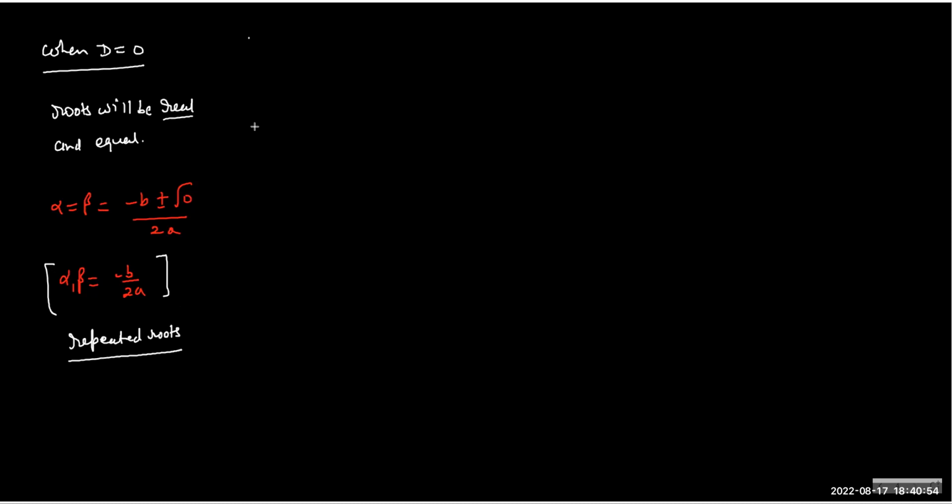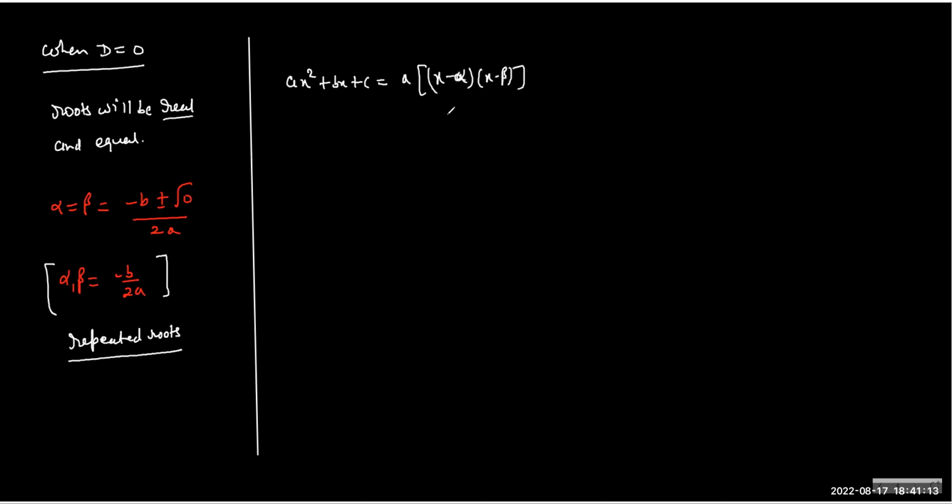And why is this again important? Every quadratic equation, which you write as ax square plus bx plus c, can be expressed in terms of roots like a(x minus alpha) into (x minus beta).